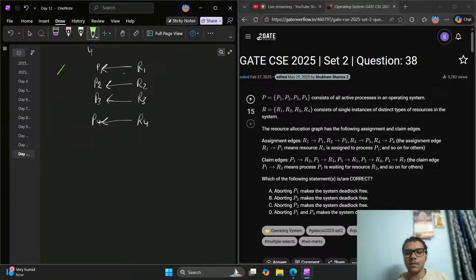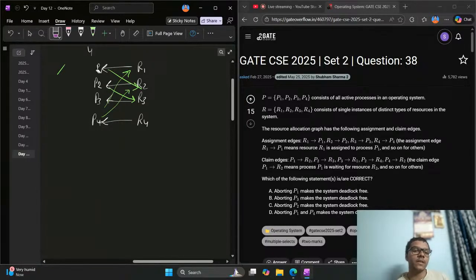And now P1 requests R2, P2 requests this one, P3 requests this one, and P4 requests this one. So aborting P1 will make the system deadlock free. Let's abort P1. That means we remove this, so this will be removed.